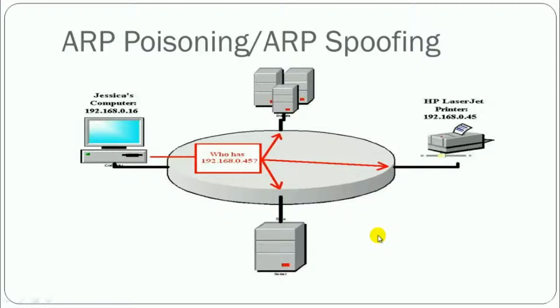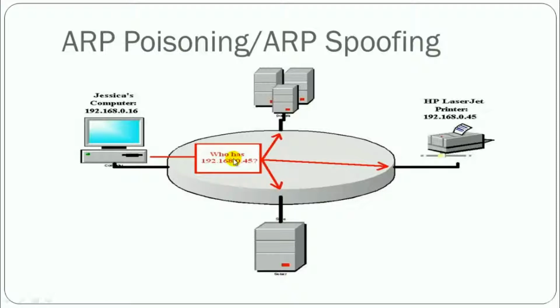As you can see, we have two computers. One is the original computer. This is the server through which it goes, and I am the attacker over here. And this is the HP LaserJet printer, and this has the IP address. So ARP is a protocol for mapping an internet protocol address, that's the IP address, to a physical machine.